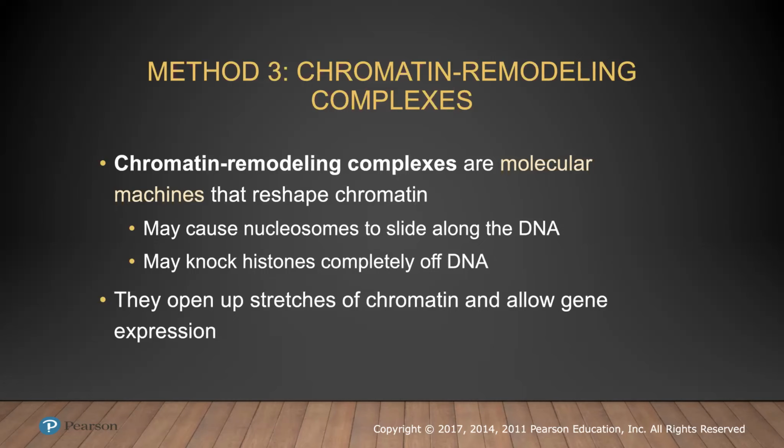Some of these molecular machines cause the nucleosome to shift along the length of the DNA. Some of them actually completely remove or knock out the histones from the DNA. And again, their function is to open up stretches of chromatin to allow a gene to be expressed or transcribed.